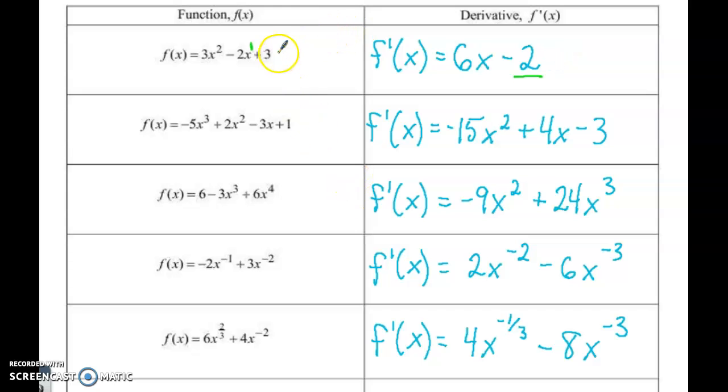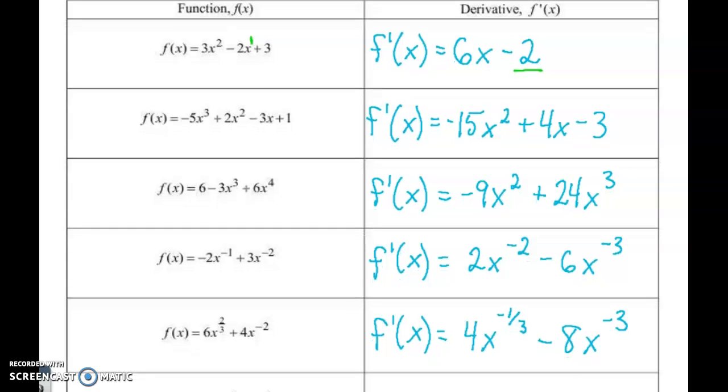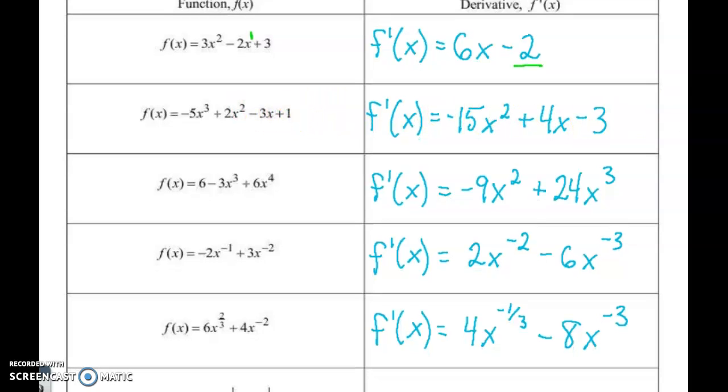And it still works if you talk about x to the 0 power, because 0 times anything is 0. Now, you don't really want to think of that as subtracting 1 from that exponent, but the rule still works. So you get negative 5 times 3 is negative 15. 3 minus 1 is 2. 2 times 2 is 4, x to the first, and so on and so forth.